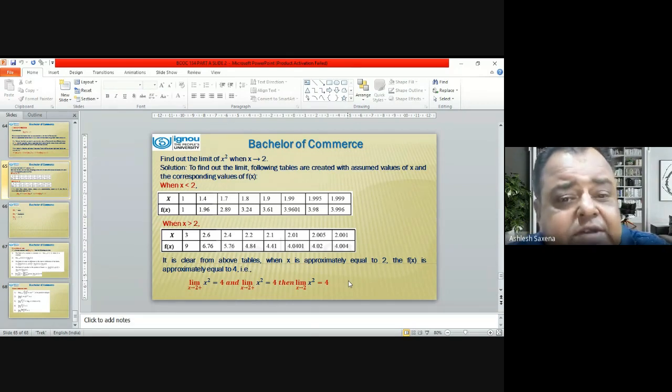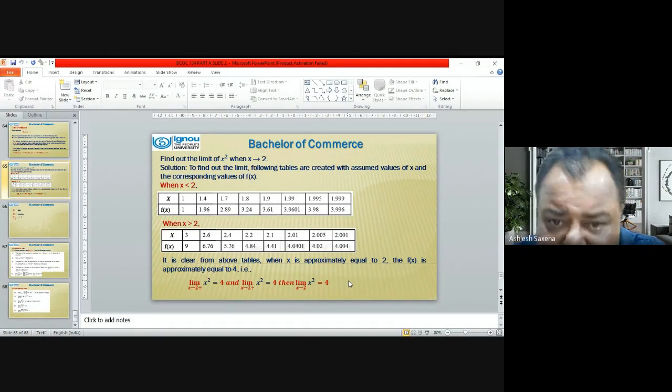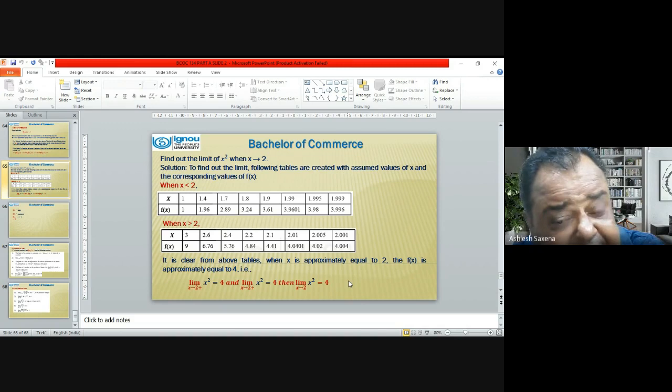We are given the function x squared where x tends to 2. What will we be doing? We will be taking two sets of values of x, one less than 2 and the other greater than 2. If we take values less than 2, they are 1, 1.4, 1.7, 1.8, 1.9, 1.99, 1.995, and 1.999. Squaring them, you will see that it changes its value from 1 to 3.996.